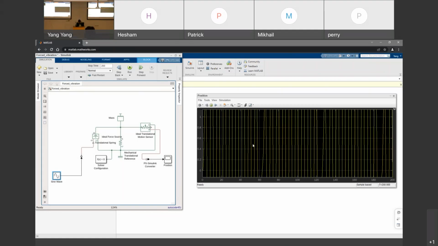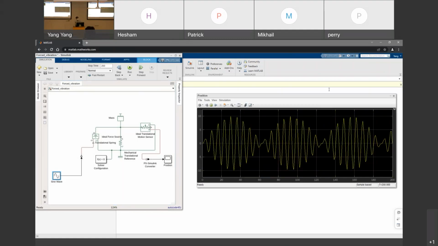So this is beating, right? I change the frequency of the force to 0.9, and the natural frequency of the system is equal to 1. They're very close to each other, but not equal. So we will have beating.